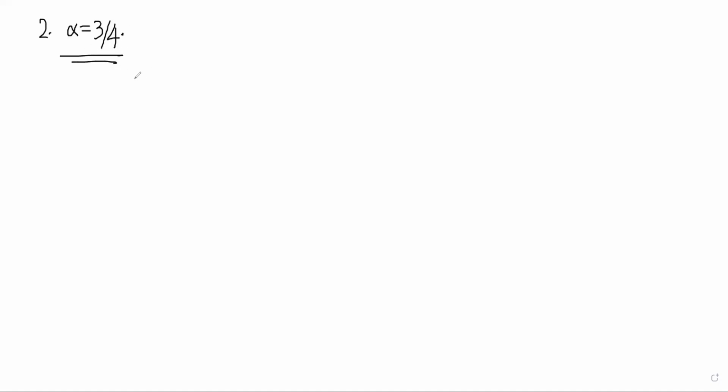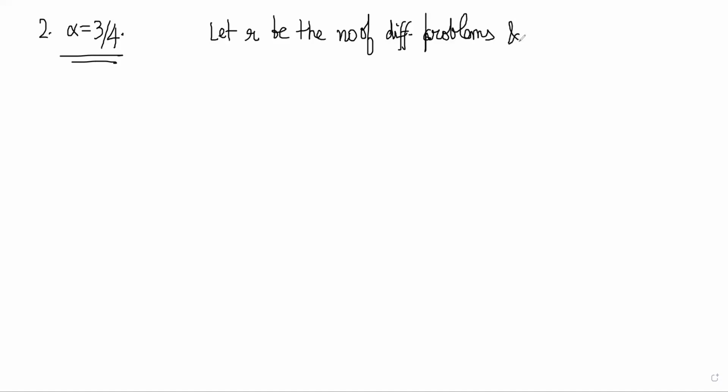Now we'll do it in a more general way. We'll not try to construct an example because it will become very confusing. So what we'll say is let R be the number of difficult problems, and P be the number of students who pass, right?